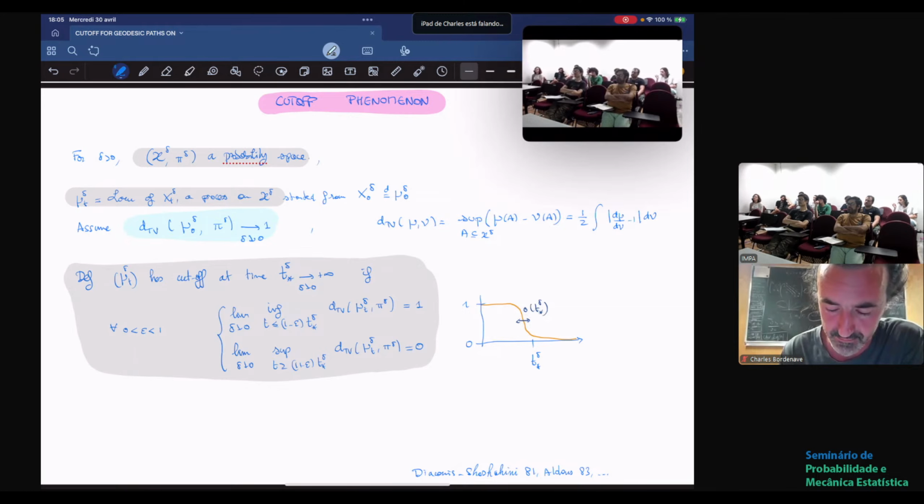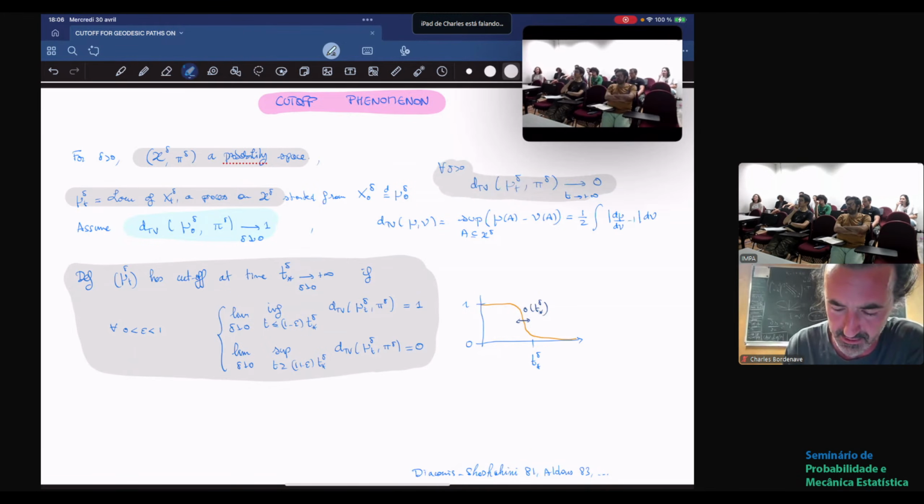We could of course consider other distances, but this one is the traditional one when dealing with the cutoff phenomenon. I didn't write it, but you will be in a situation where, for any delta positive, the law of your process at time t converges in total variation distance toward your equilibrium distribution as the time goes to infinity.